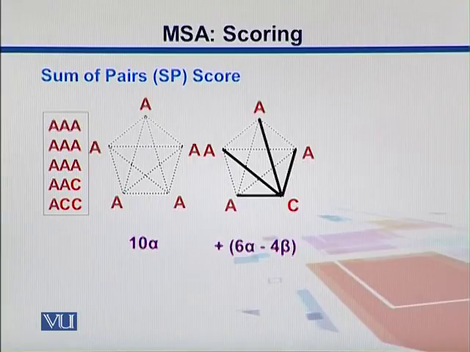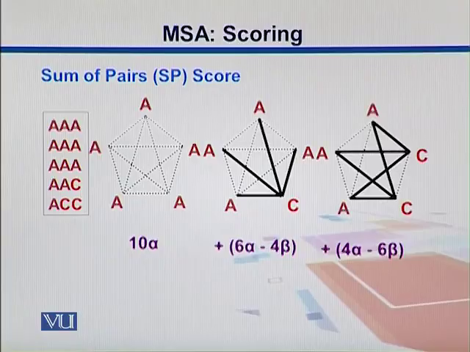In this way, a match score is always adding something to your overall score, whereas mismatches subtract from the overall score. In the second star, you will see that you have 6 alpha minus 4 beta. And in the third situation, which was the third column, you have 4 matches and 6 mismatches.